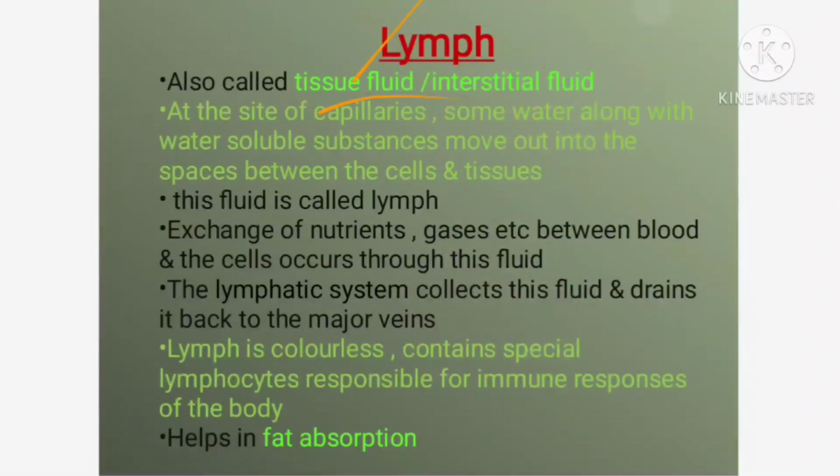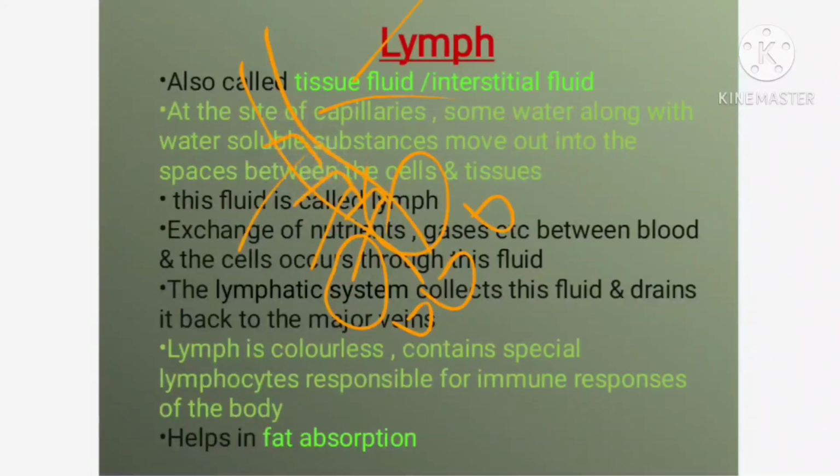The lymphatic system, which is present near the spaces between the cells, collects all these waste materials and drains them to the blood. Through the veins they give it.